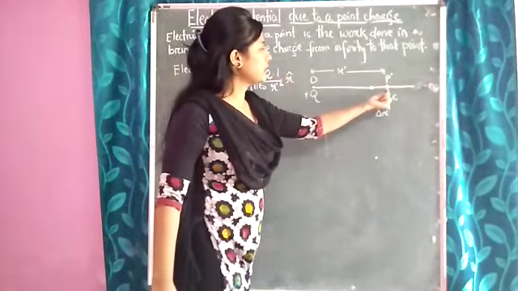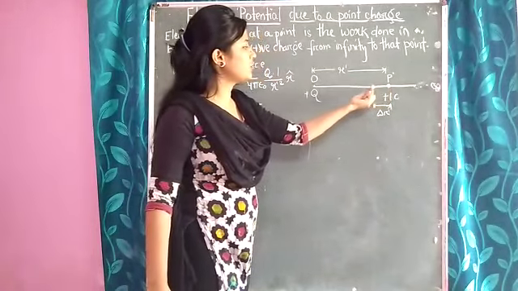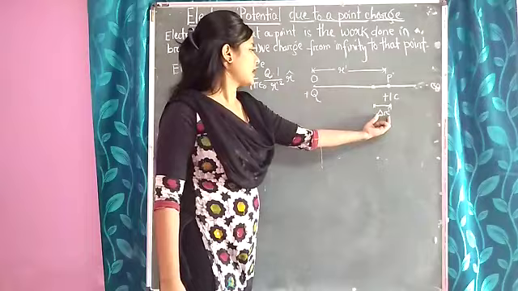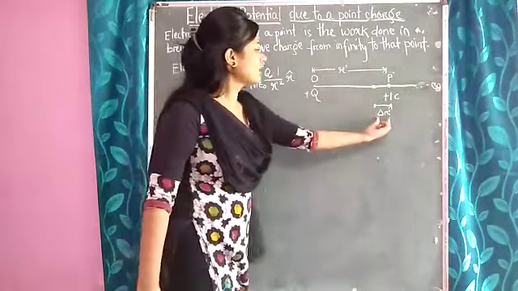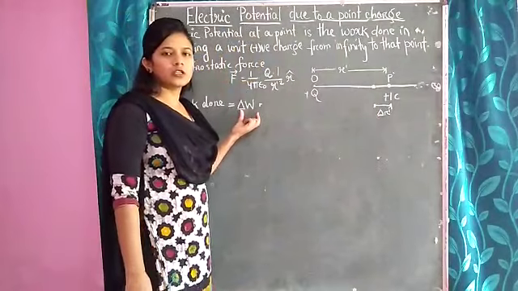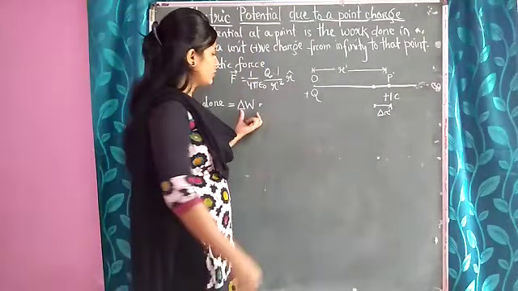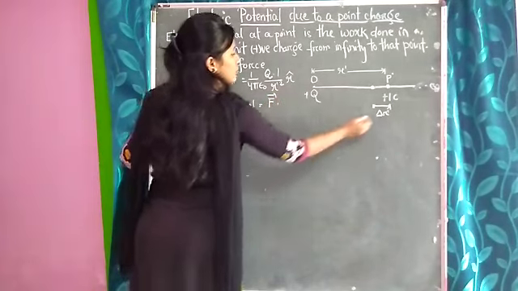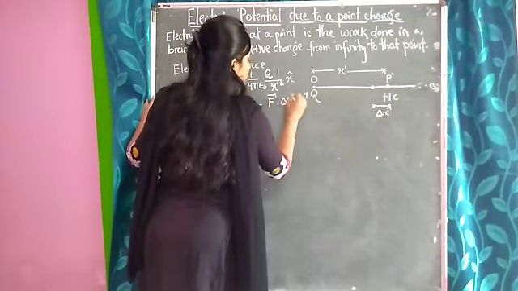So we are bringing the charge from here to here, a displacement of del r dash. For a small displacement, what is the small work done? Work done equals force into displacement.